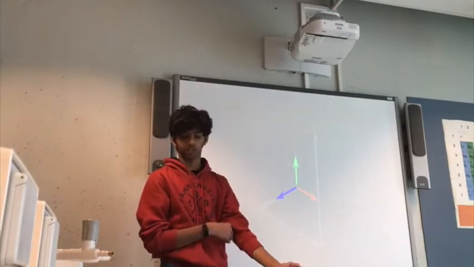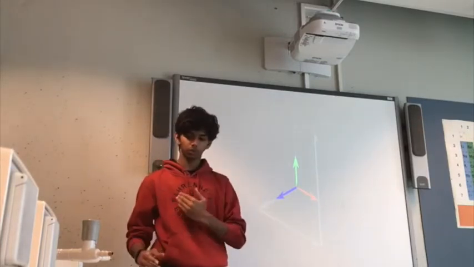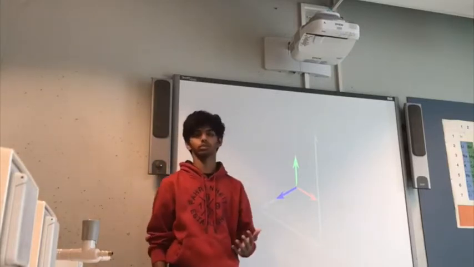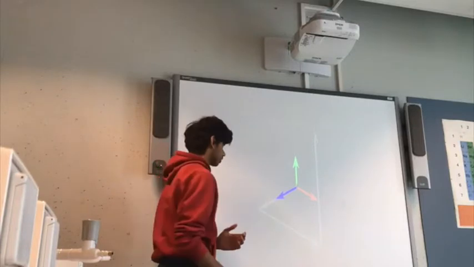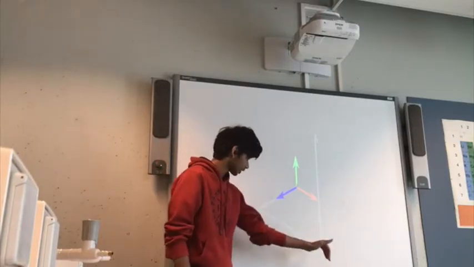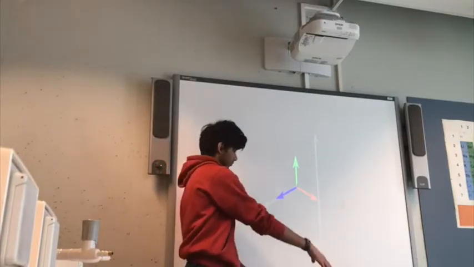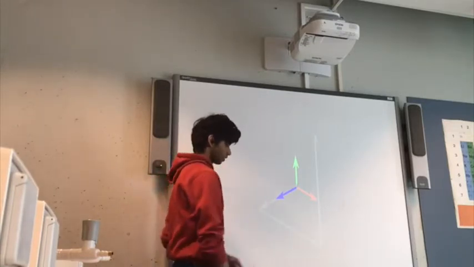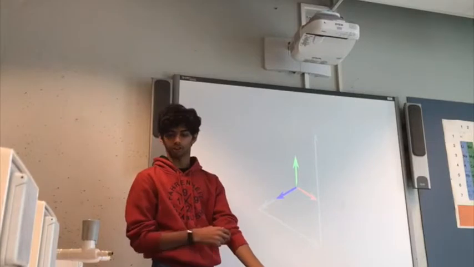It's very simple comparatively. Now we move on to the components of a vector, which is in case it's moving at an angle, then there's a vertical and a horizontal component acting on it. Here this arrow is moving at an angle, so it has a horizontal and a vertical vector.